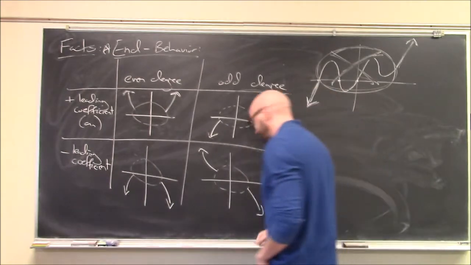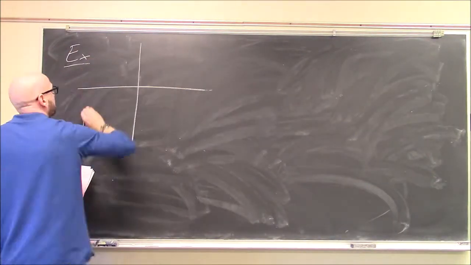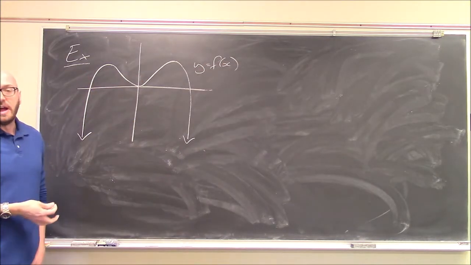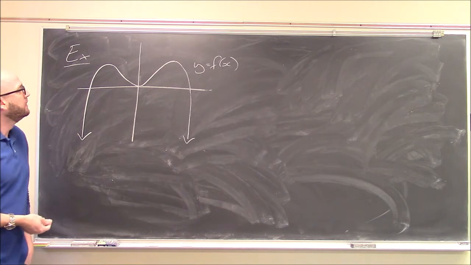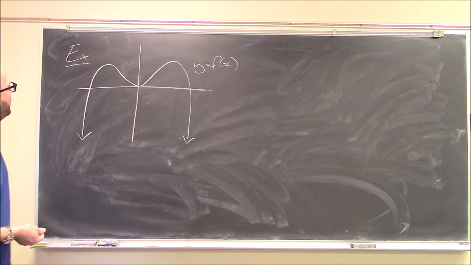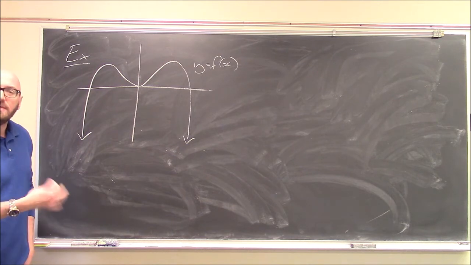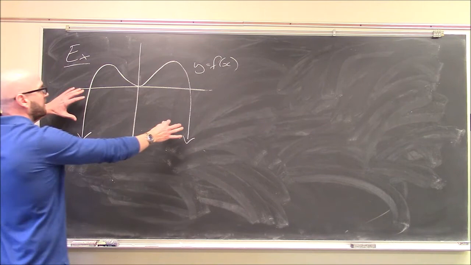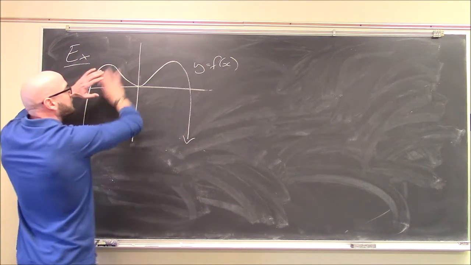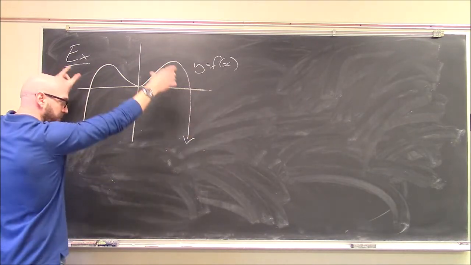Let's do an example. Here's my graph. We're told this is the graph of a polynomial, and we want to answer some questions about it. For starters, what's the degree of this polynomial? Is it even or odd? Looking at the end behavior, forgetting about all this stuff happening near the origin, as x gets very large in both directions, it decreases forever.